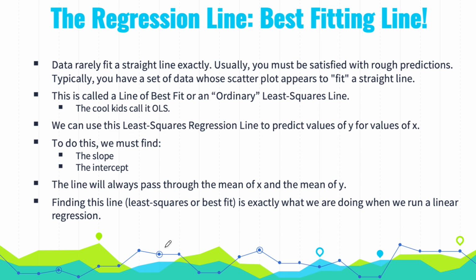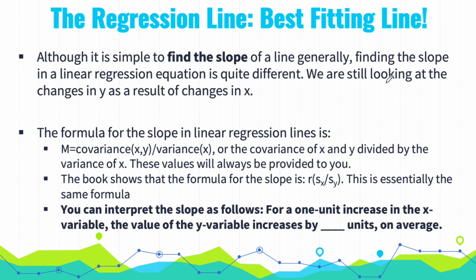Although it's simple to find the slope of a line generally, its general steepness, finding the slope in a linear regression equation is quite different. We're still looking at the changes in y as a result of the changes in x. The formula for the slope in linear regression lines is a little bit different. Here's information that will always be provided to you. You can see that there are formulas for the slope in your textbook that are essentially the same.